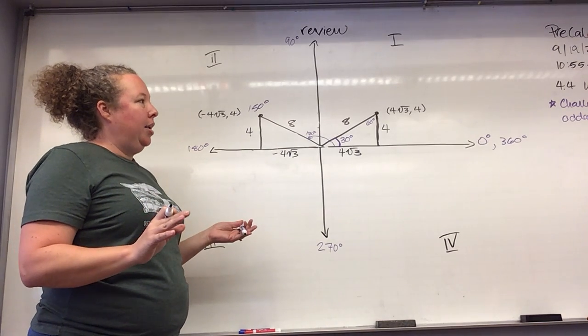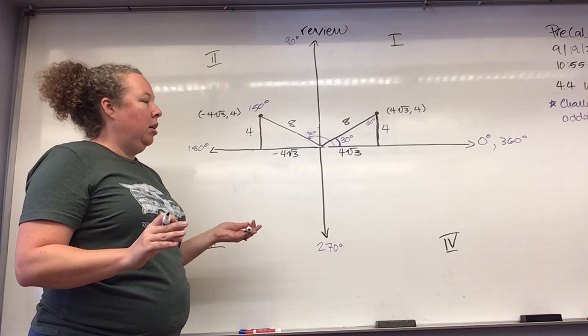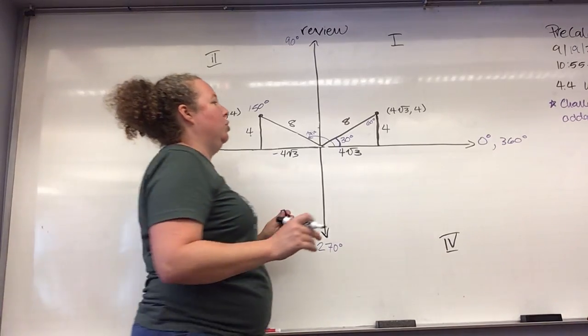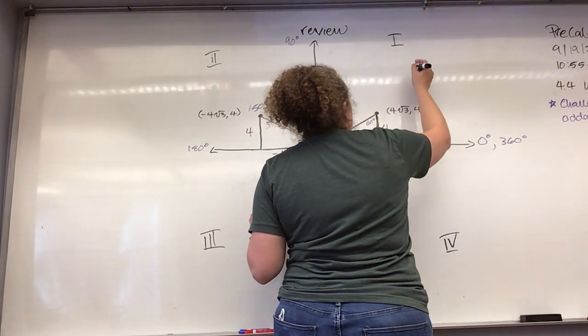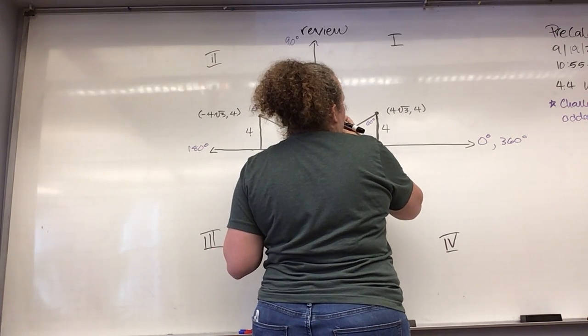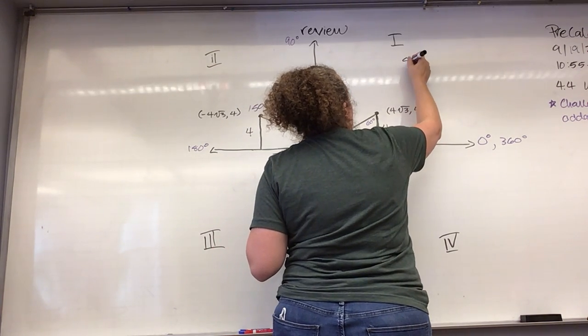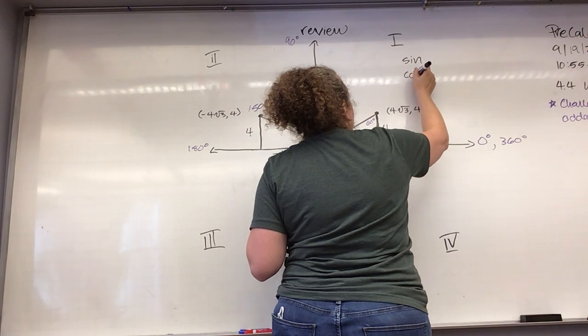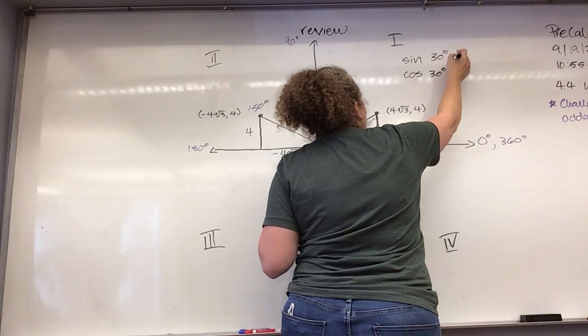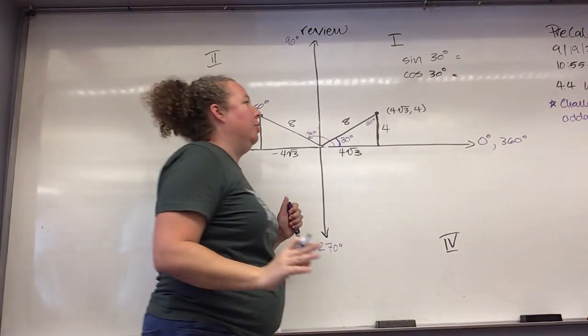So let's take a look at one example of what this means in terms of trigonometric ratios. Let's look at the sine and cosine of 30 degrees.